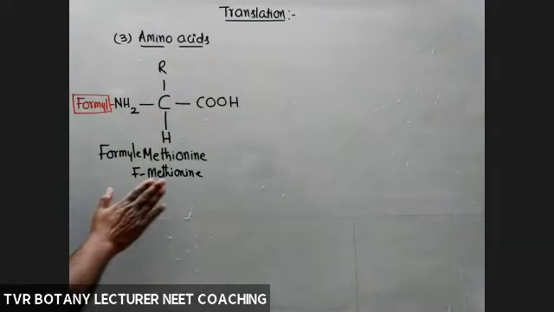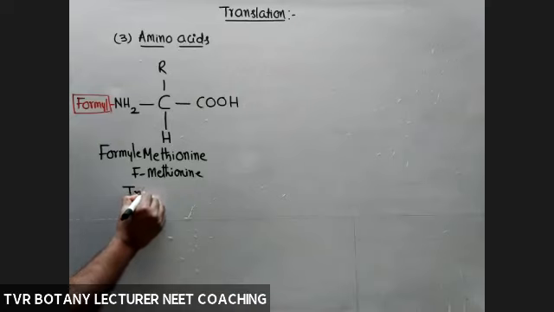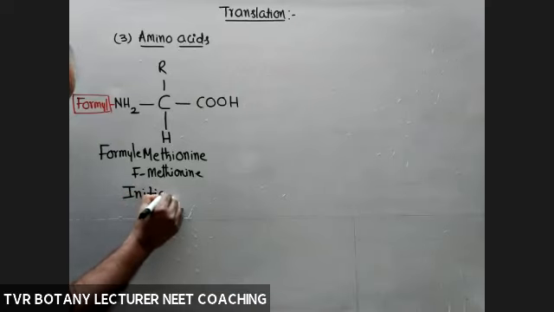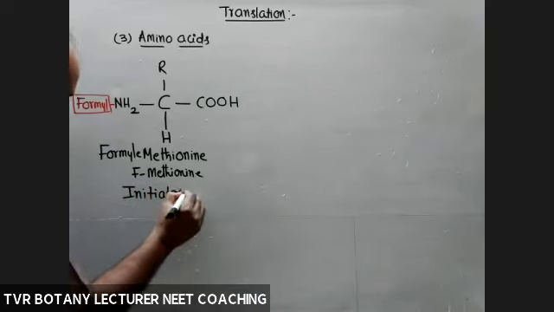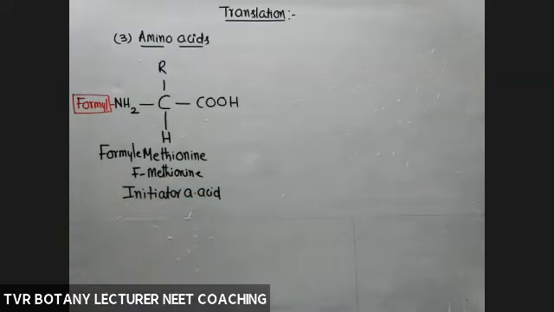So this is an initiator methionine. The first one is an initiator amino acid. So generally in all proteins, the first amino acid is formyl methionine.